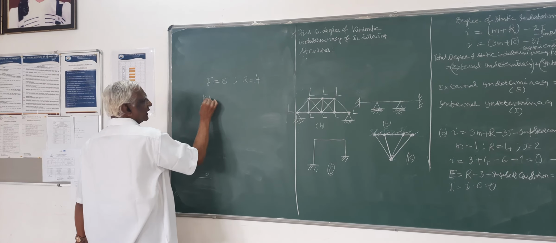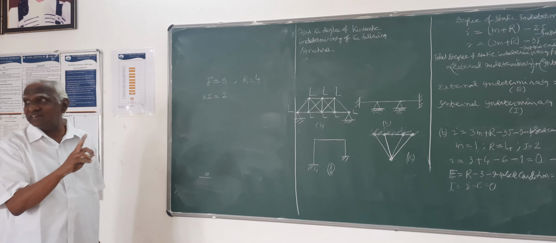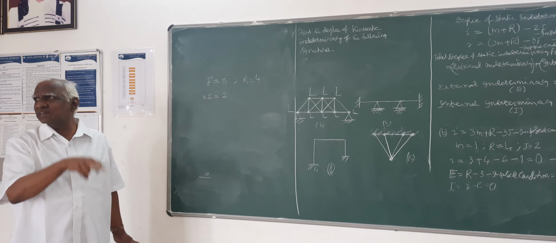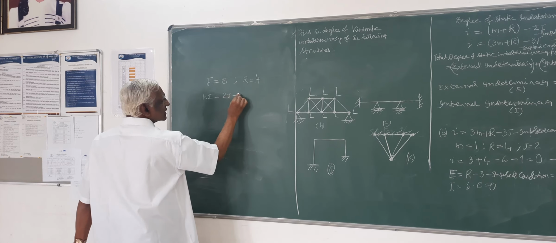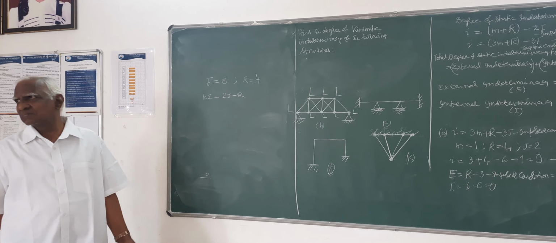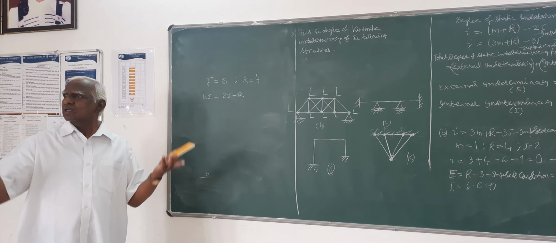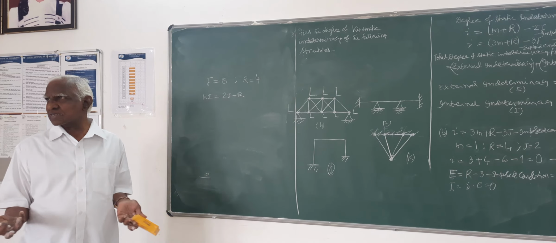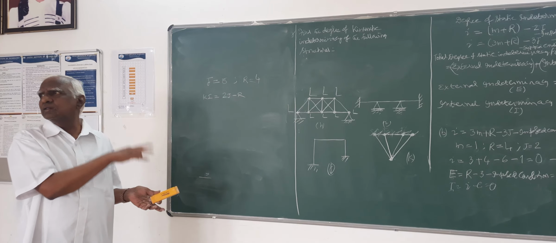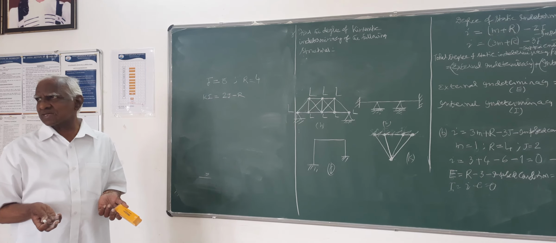Therefore, kinematic indeterminacy is 2J, not 3J, because at each joint you have only 2 displacements. 2J minus R. It is as simple as that. At each joint you have 2J. At the support reactions there cannot be any displacement, so that is minus R. That is the total unknown displacement to be determined during the analysis.